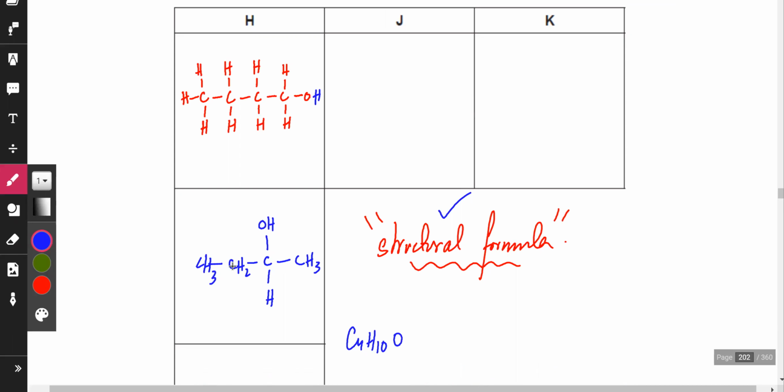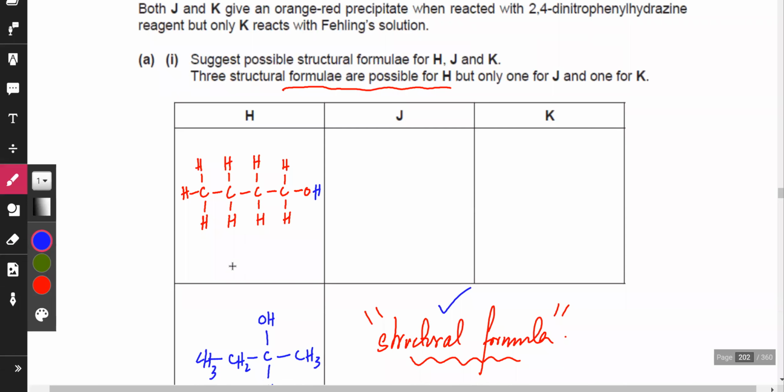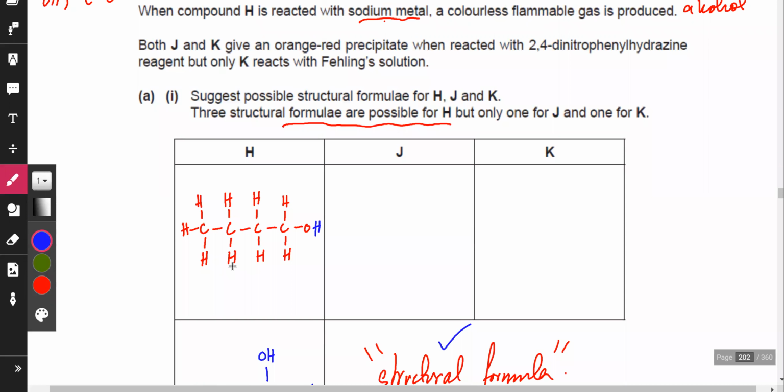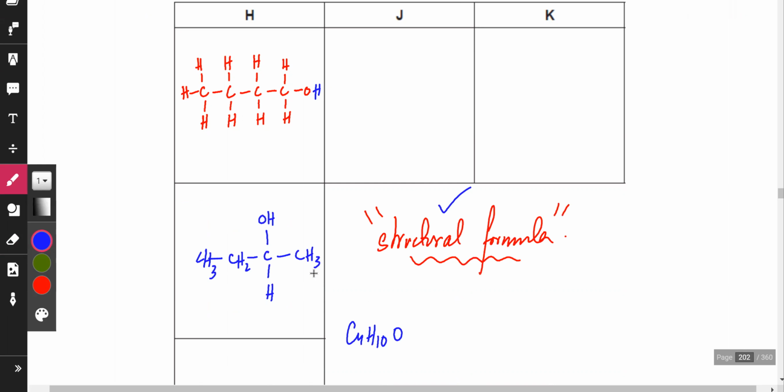They weren't mentioning structural isomers, they just said isomers. They said that three structural formulas are possible for H, but only one for J and K. The only possibility is that this one is chiral. So that's probably the only possibility.